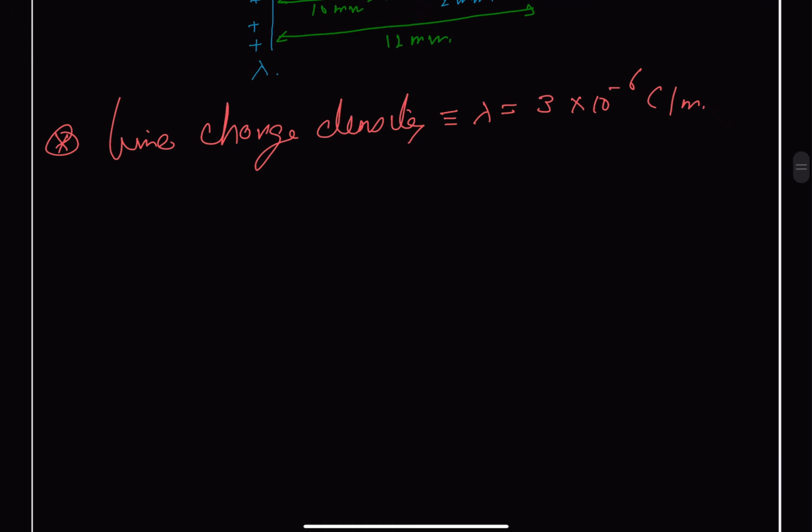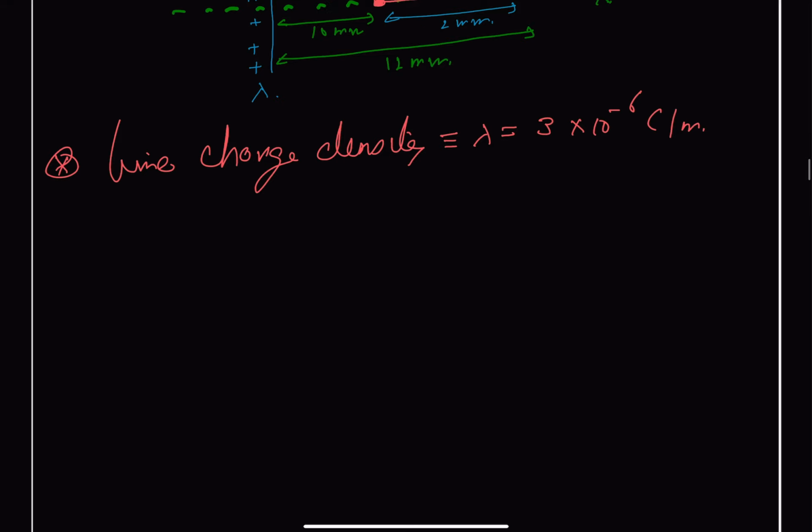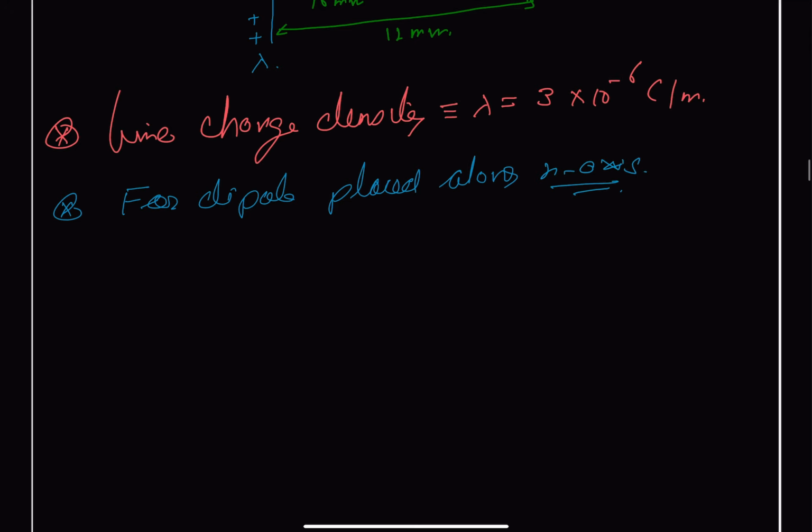So for the dipole placed along the x-axis, we can write that the positive charge is at a distance, let us call this x positive.